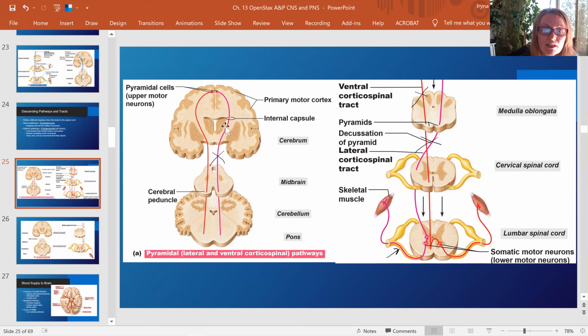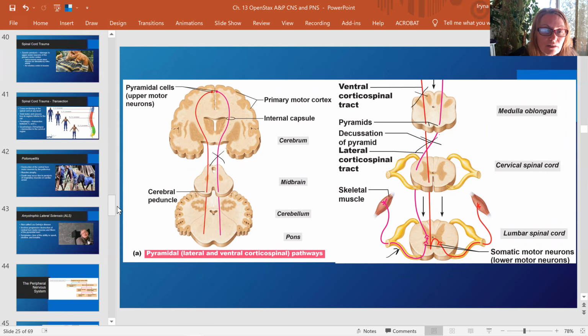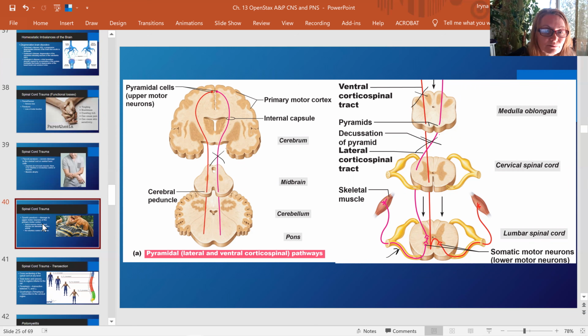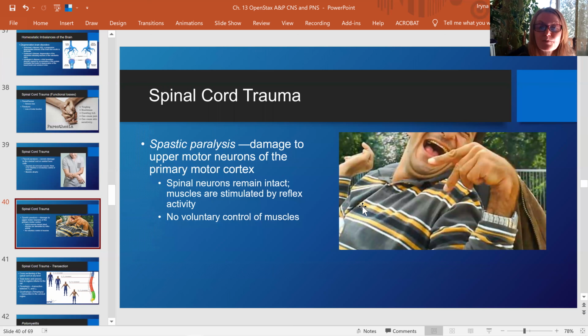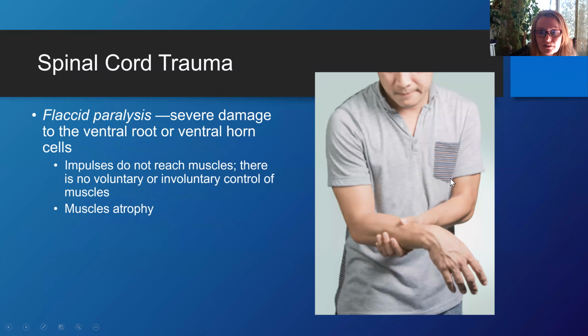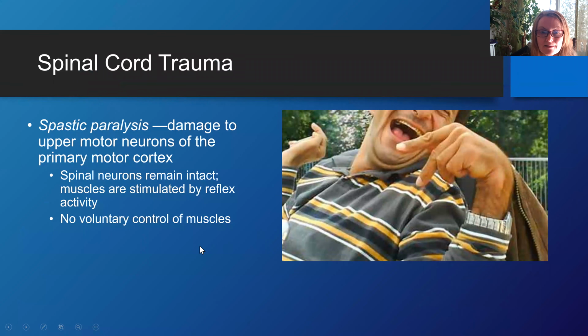If you have damage in the upper motor neuron, then you have not flaccid paralysis, but you have spastic paralysis, right? So you see, it looks very different. Your muscles still can be activated by reflexes, but there is no voluntary control of muscles.